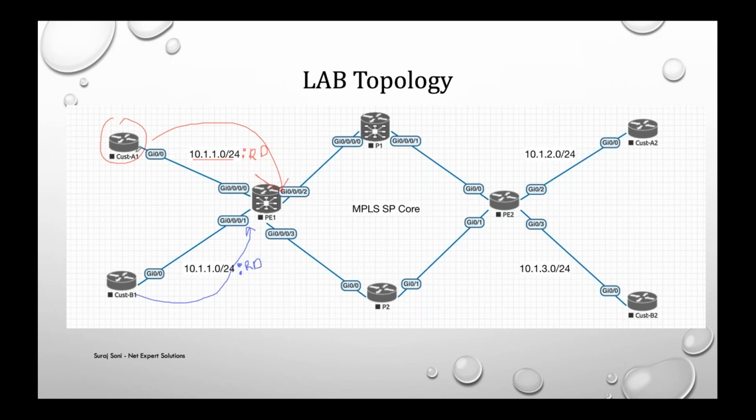So when I get the prefix from customer A, I'm getting 10110 red RD. When I get it from customer B, I'm getting 10110 blue RD. So they are segregated. I have a different routing table called red for this customer, and a different routing table called blue for this customer.